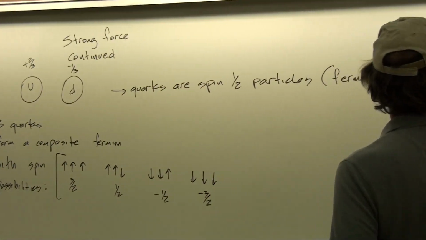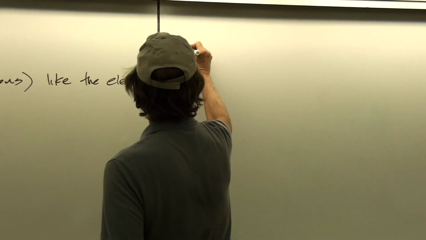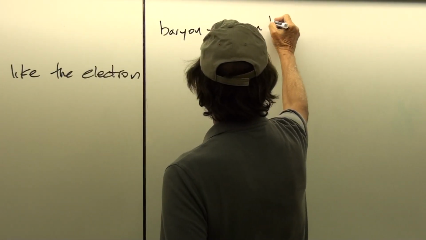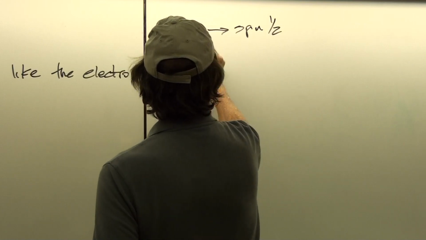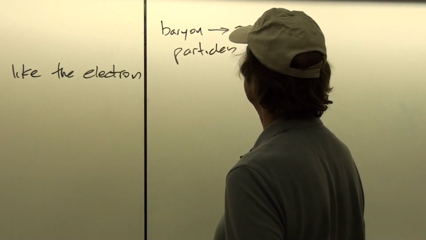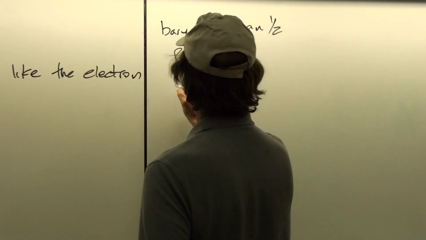baryons are spin 1/2 particles. Like the electron, and so that means that they obey the Pauli exclusion principle.